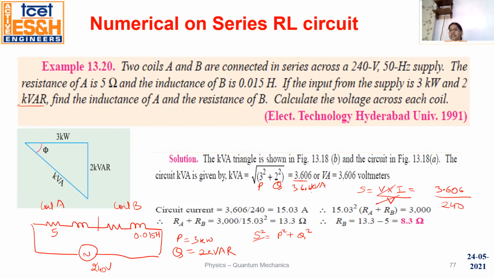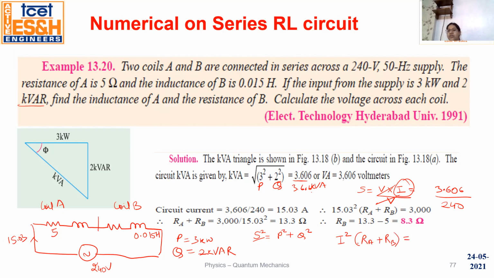So we will get the current, 15.03 ampere. So this is the 15.03 ampere current in the circuit.